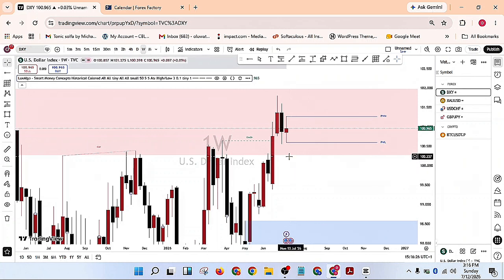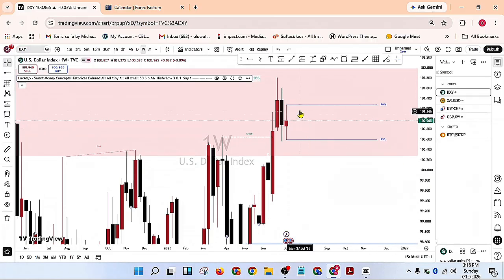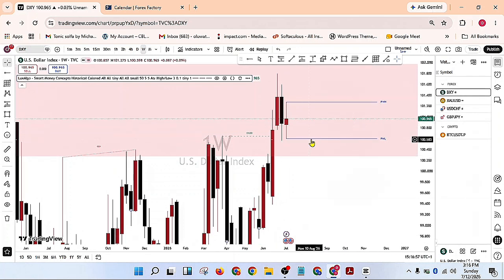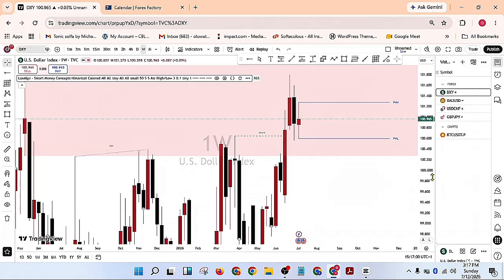But my bias on DXY for this week is still more of sell, though we will see if the liquidity can be swept here. I'm still more of sell, because even when the market got to this place and started going inward, it did not sweep this liquidity, which tells me we are still going to sell.